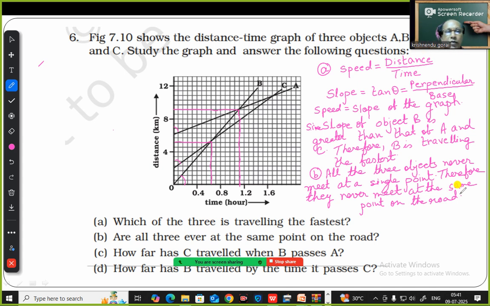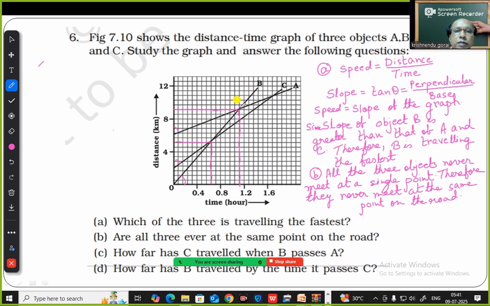Now question C: how far has C traveled when B passes A? First we have to find when B passes A. B passes A at this point.